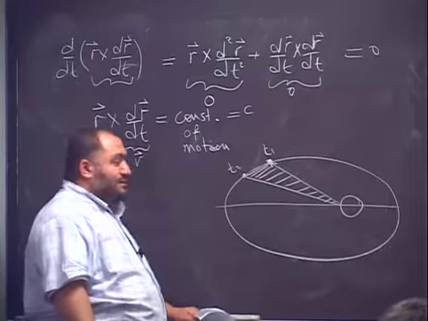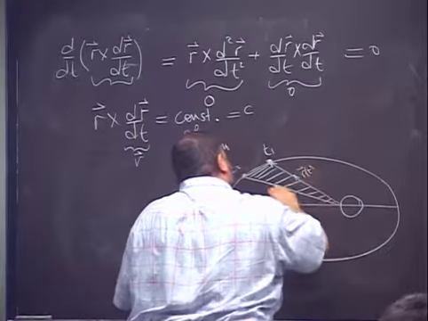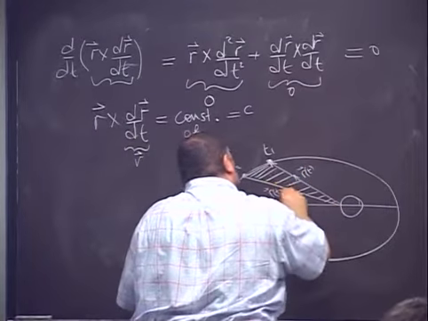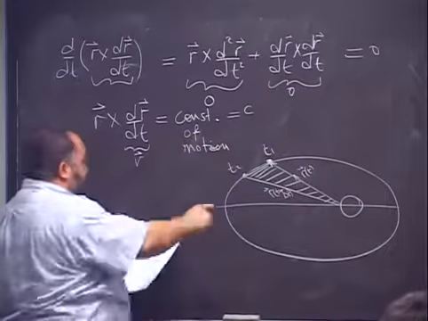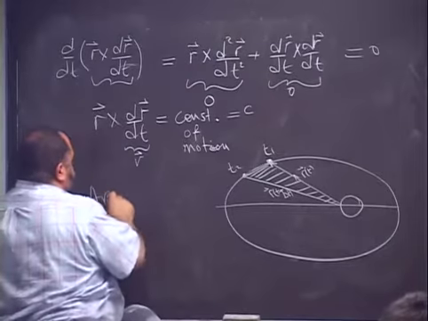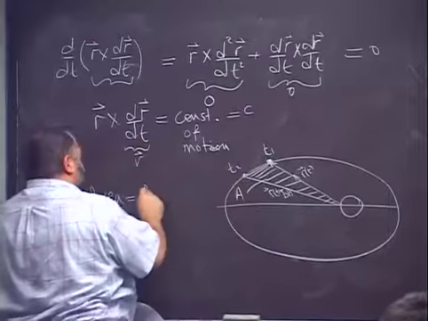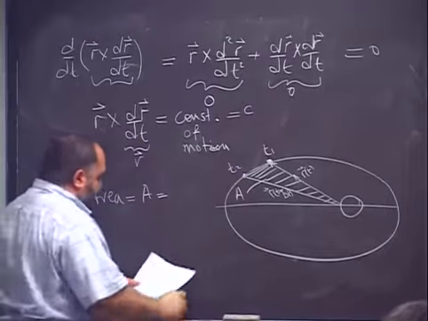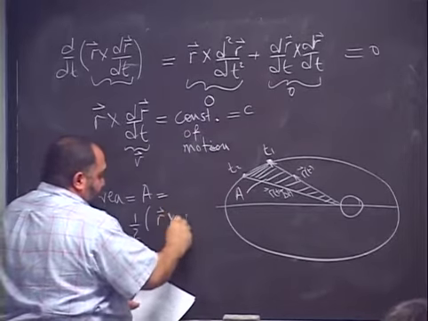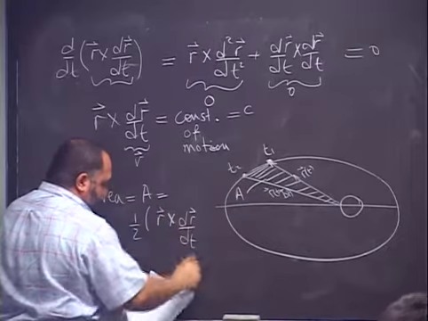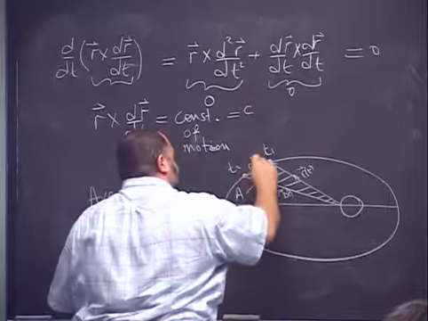Yes? So this is vector r at t, and this is the same vector at t plus delta t. So what is the area here? This area A is equal to half multiplied by r crossed with dr, because this is just dr.